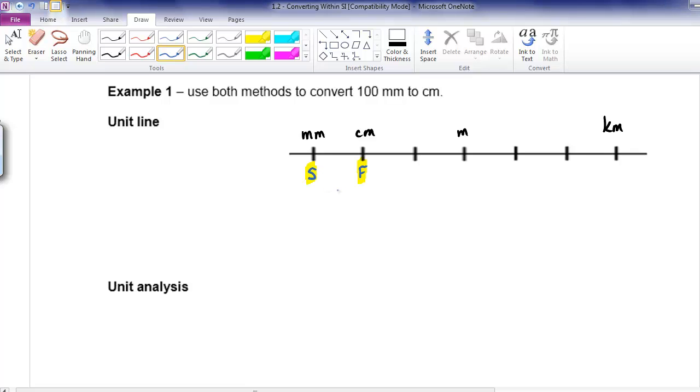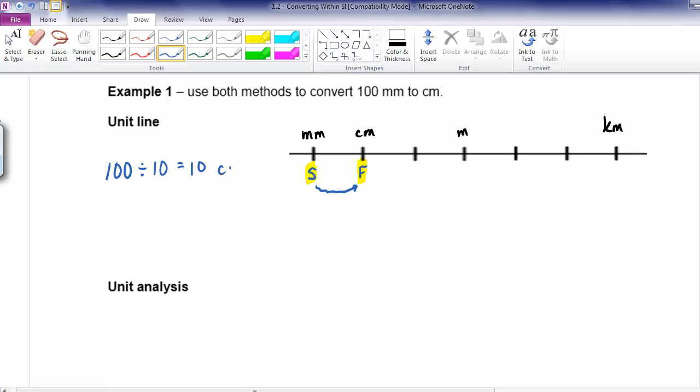And what ends up happening is I'm going to make one bounce to the right. As it says in our notes above, every bounce to the right is a division, and it's always a division by 10.